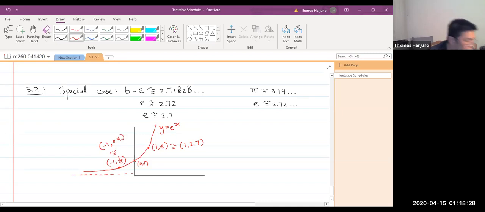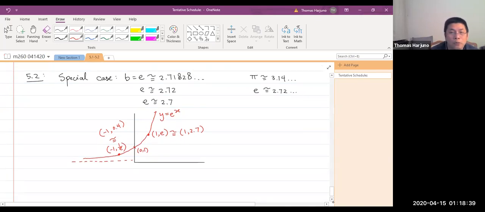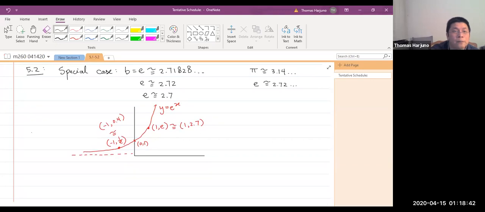Now we will use this information to help us go further in graphing. Suppose, for example, we want to graph y equals negative e to the x minus 1 plus 1. I want you to do the same questions we did earlier. First, the domain.